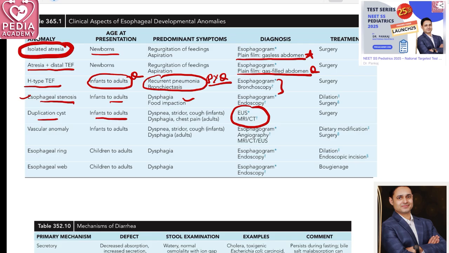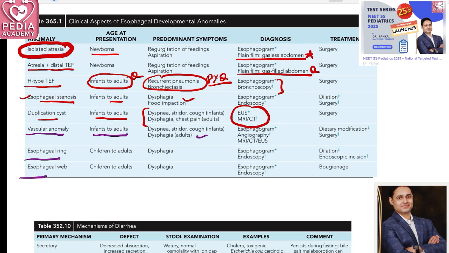Dyspnea, stridor, cough is the presenting complaint. Vascular anomaly similarly can affect any age group. Dyspnea, stridor, cough occurs. Esophageal ring and esophageal web are two other conditions which can occur.